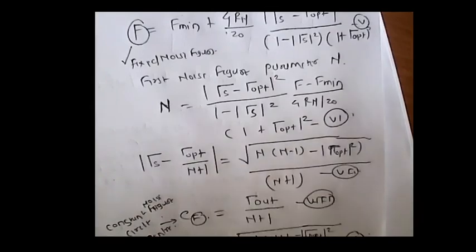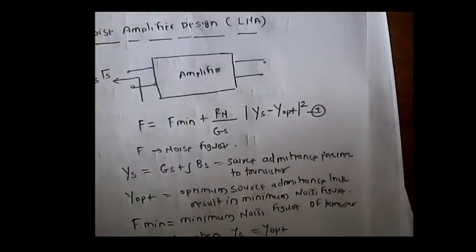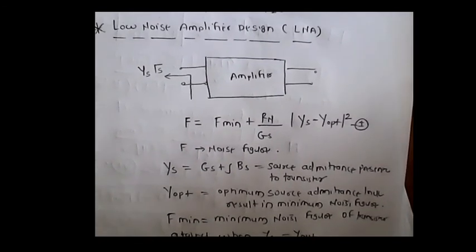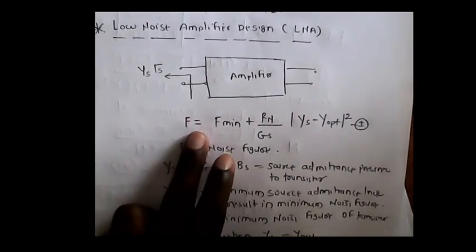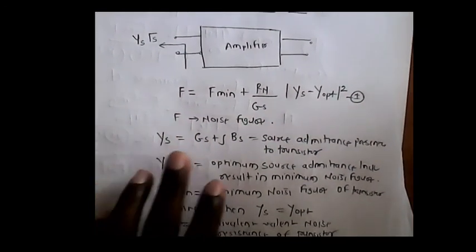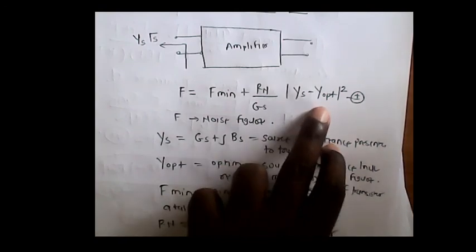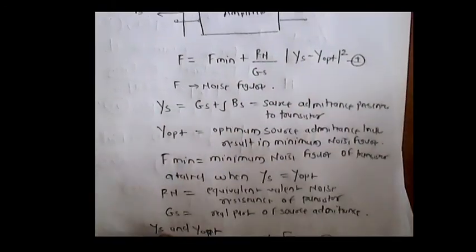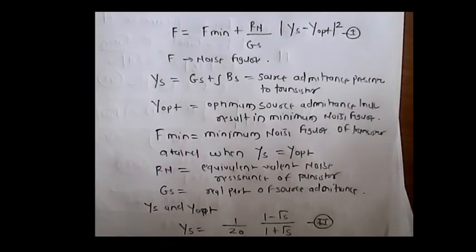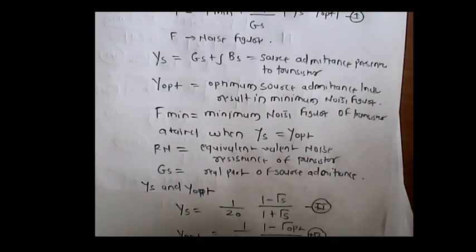So in this lecture we discussed the low noise amplifier. There are two important quantities. First one is the noise figure in terms of various definitions, F minimum, R1, G of s, Y of s and Y optimum, where each term is defined. Then we can find Y of s and Y optimum in terms of the reflection coefficient.